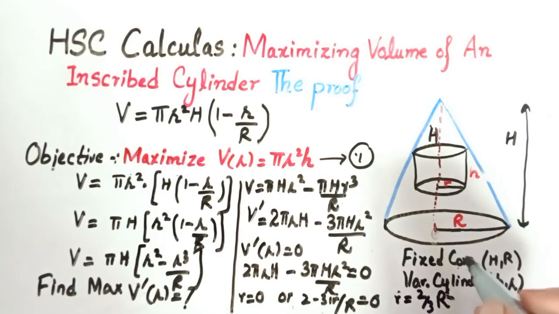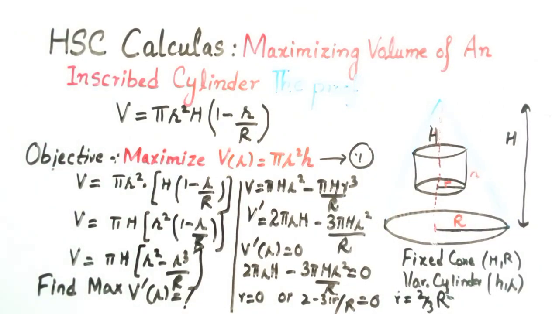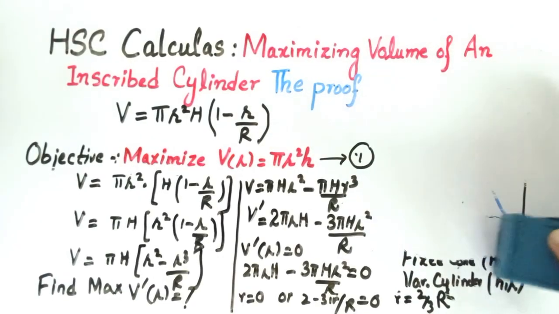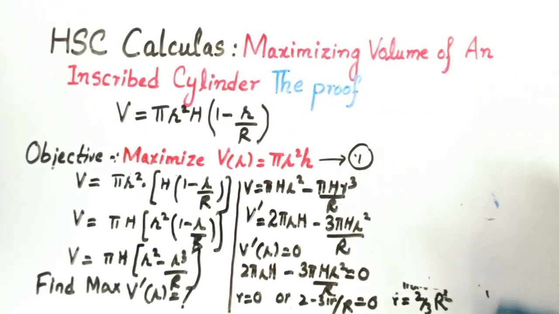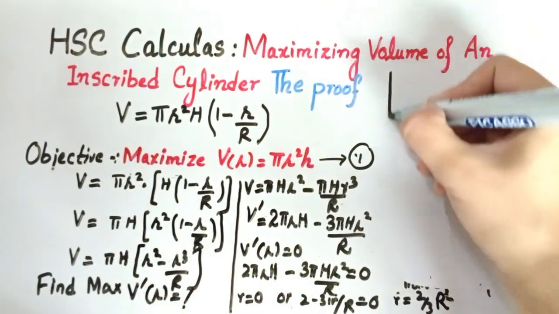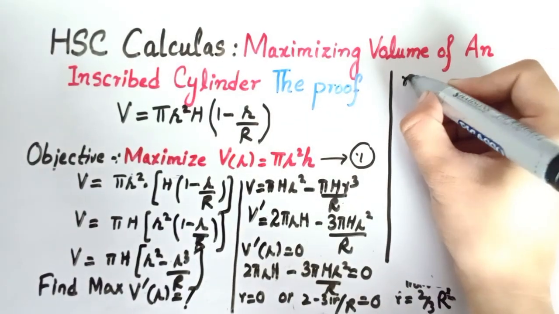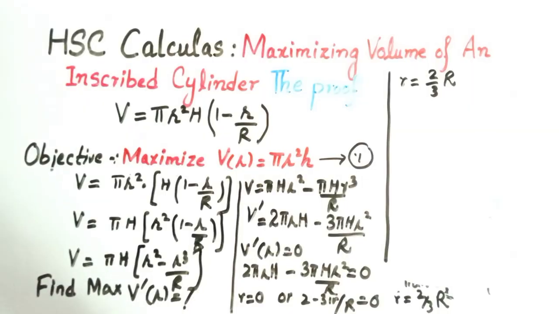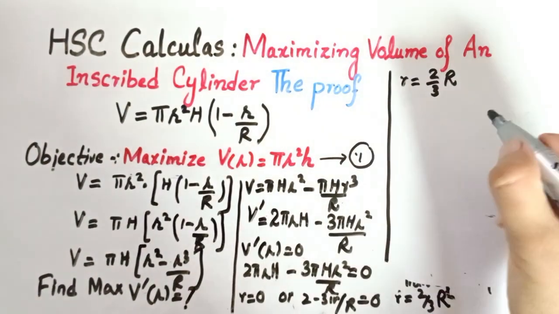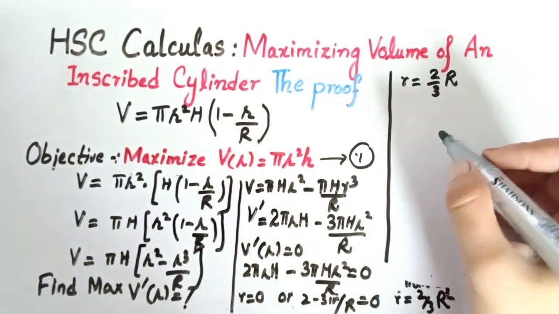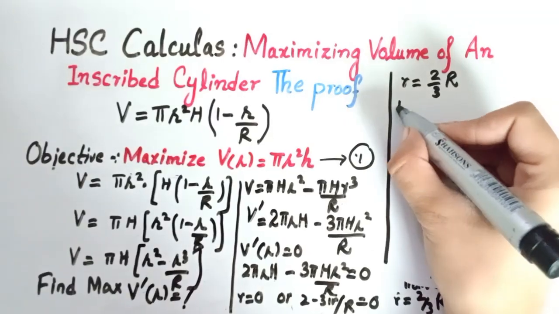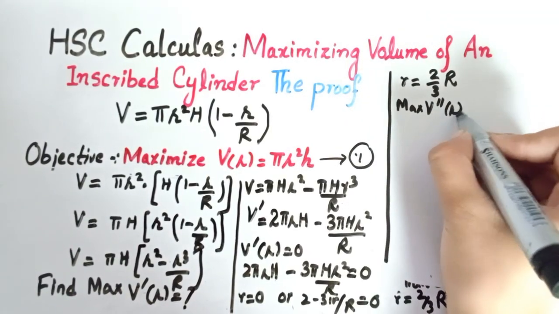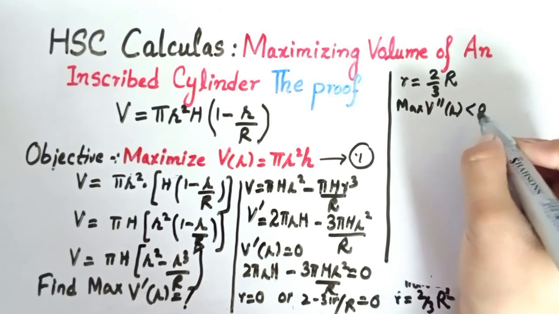Now you have to find the second derivative of this. Now we will remove this diagram and solve this here. We get the value of r, that is 2 by 3 of capital R. Then confirm this by the second derivative test, that is, for a maximum the double derivative of r should be less than 0.